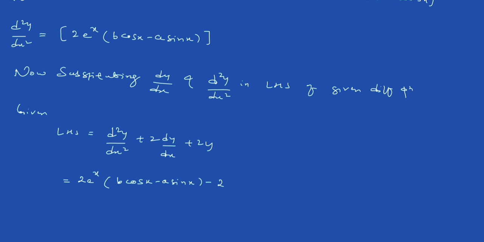Let's see, 2e to the power of x (b cos x minus a sin x). Next, the dy by dx value is here, e to the power of x ((a plus b) cos x plus (b minus a) sin x), right?